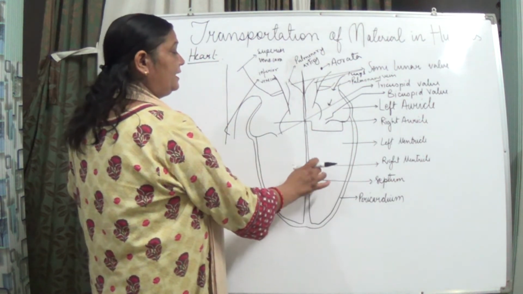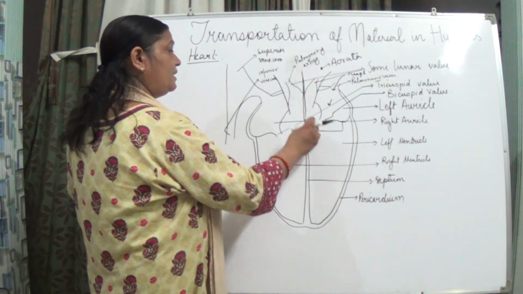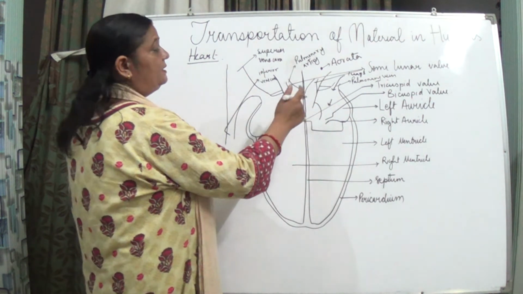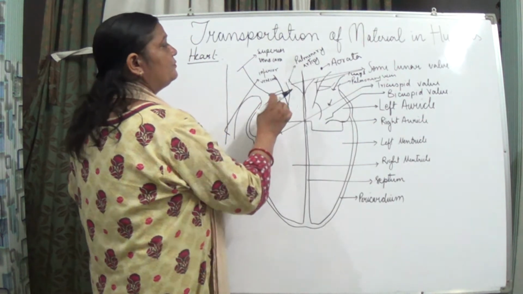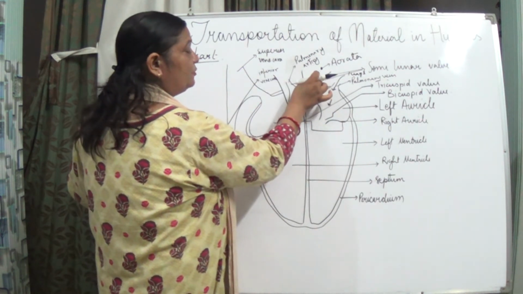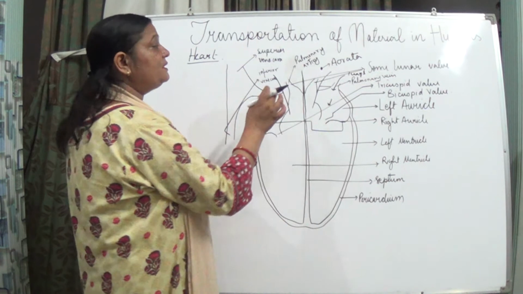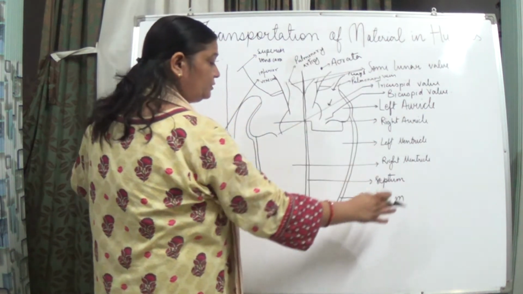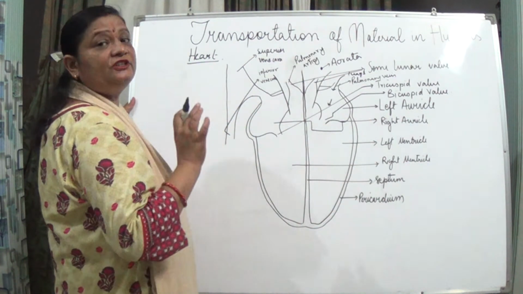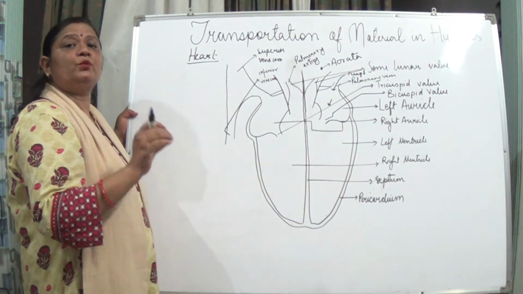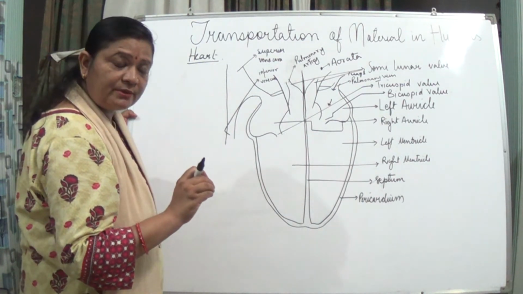Then contraction occurs and the blood moves into the aorta. What happens before that? The semilunar valve opens and the blood moves from the aorta to the different parts of the body cells where the digested food is present.